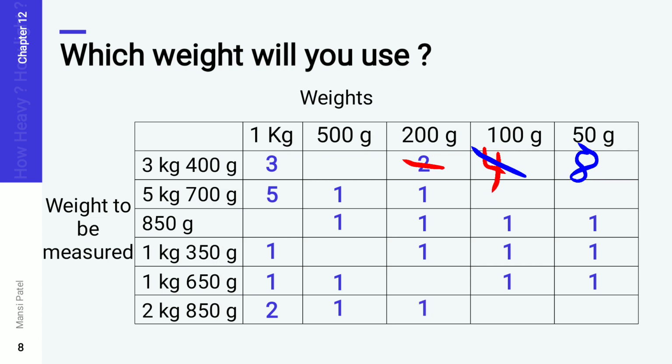So 500 plus 200 is 700. But you want 800, so again you take 1 unit of 100. So 500 plus 200, 700. 700 plus 100 is 800. Now what about the 50? Just take 1 unit of 50.